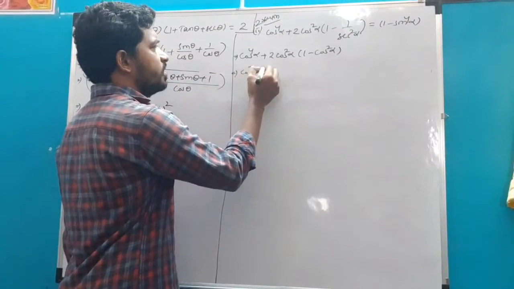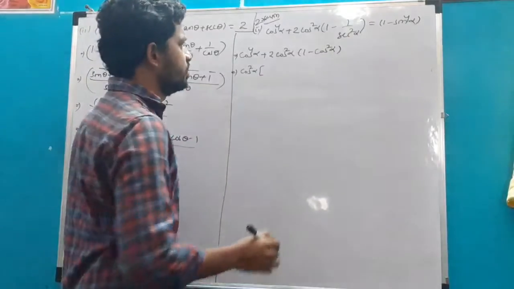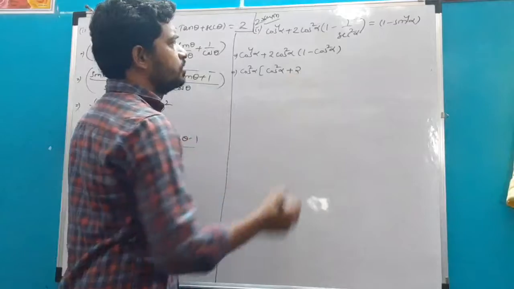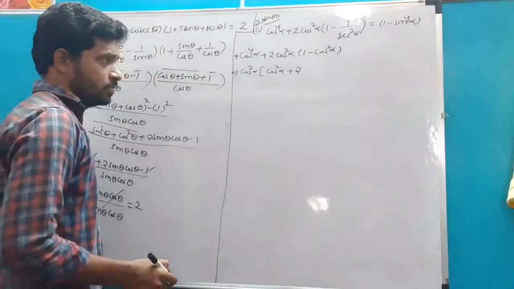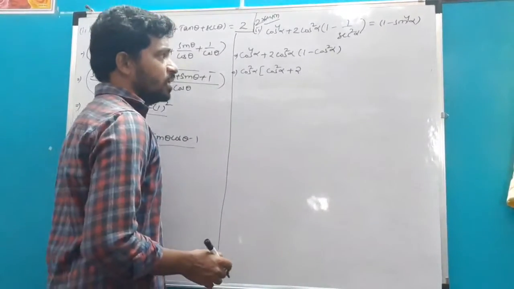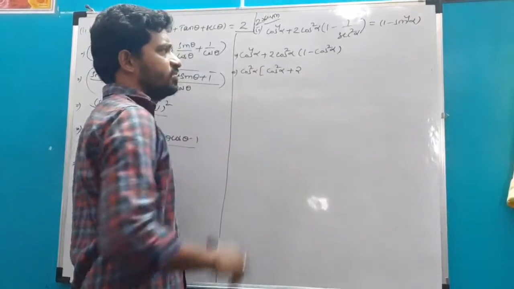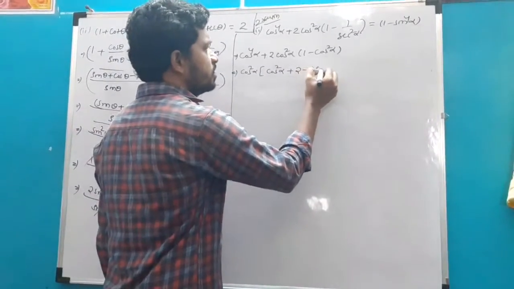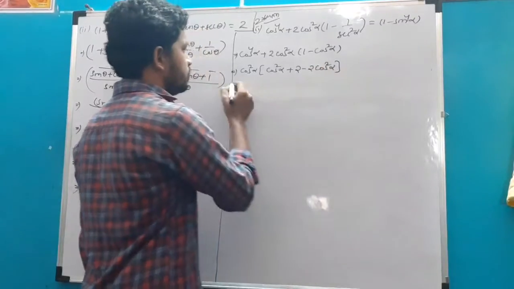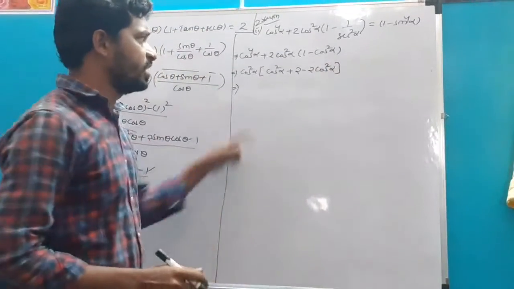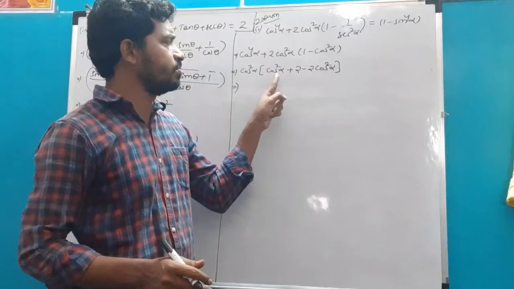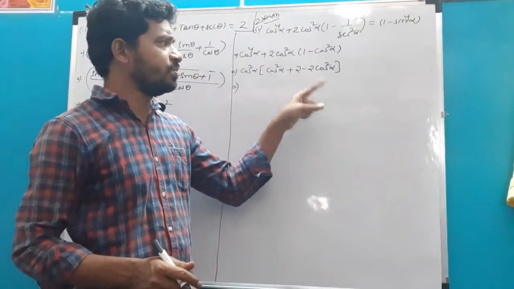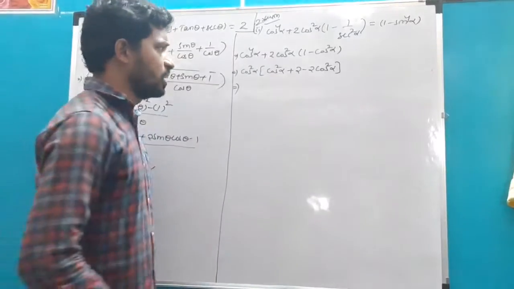By taking cos square alpha common, it will become cos square alpha plus 2 into 1 minus cos square alpha, which will become 2 minus 2 cos square alpha.